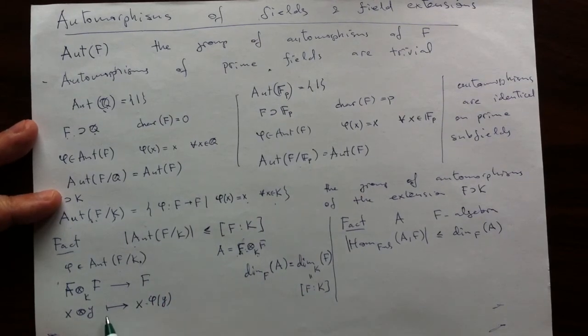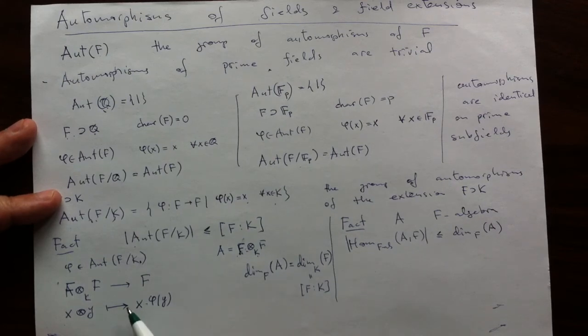It is left as an exercise to check that this is a homomorphism, additive, multiplicative, and moreover a homomorphism of algebras. So scaling with elements of F by multiplying them with the first component in the tensor is going to be preserved, obviously.